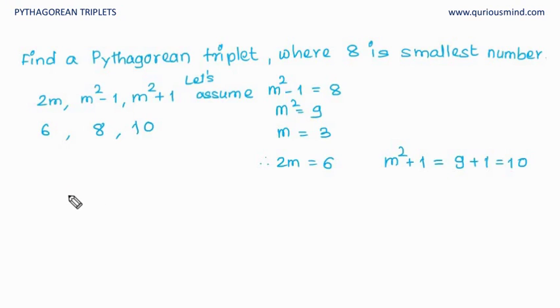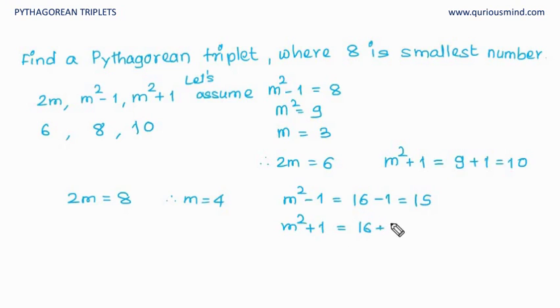Let's say 2m is equal to 8. If 2m is equal to 8, then m is equal to 4. And if m is equal to 4, then m square minus 1 is equal to 4 square, 16 minus 1, and that is 15. And m square plus 1 is 4 square plus 1, which is 17.